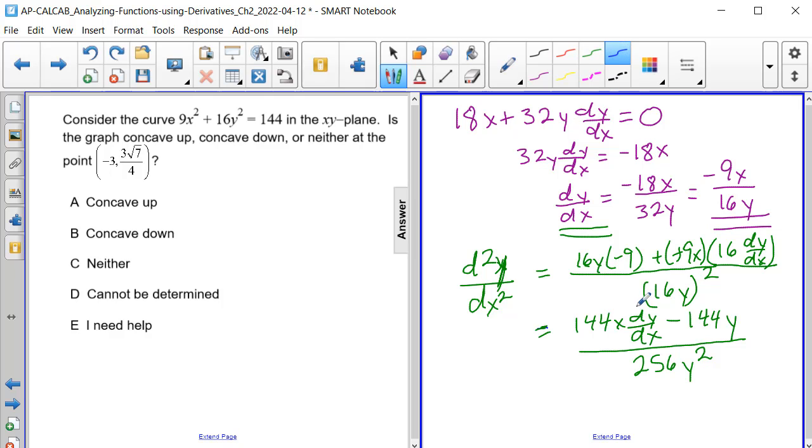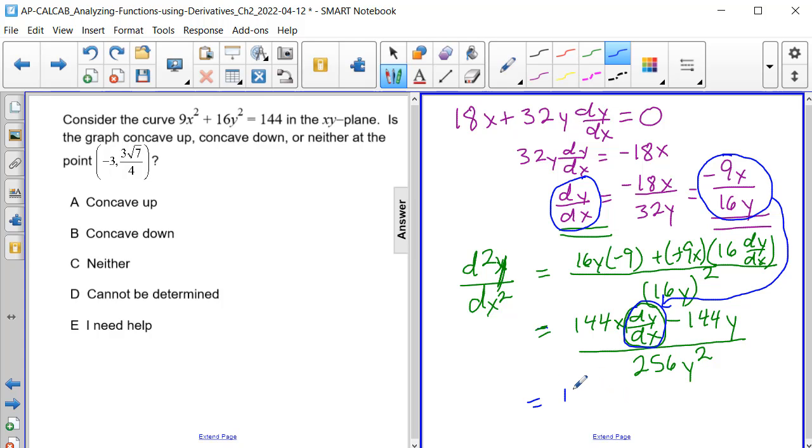Notice that we have dy over dx as a term in our numerator. And we already know that dy over dx is equal to negative 9x divided by 16y. So let's take this and substitute it in for dy over dx.